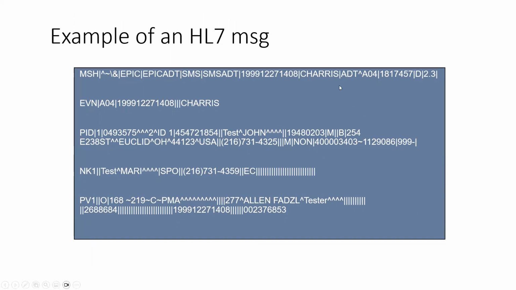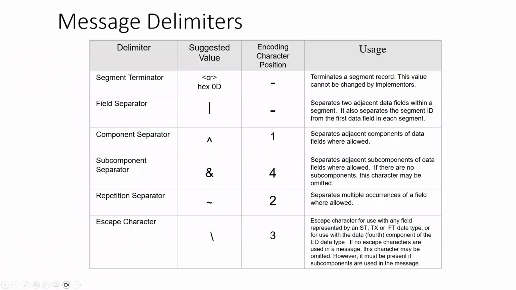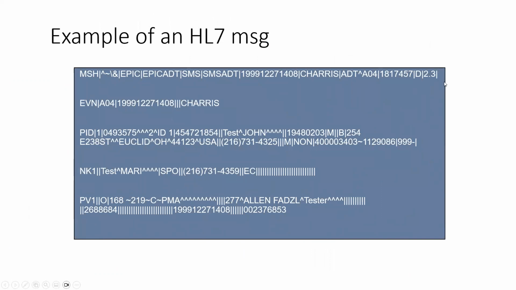In this example, we are not seeing that because carriage return is a non-visible symbol. I will show that in Notepad++ once we paste and take a look at the example. But there is an end carriage return for every segment that we are going to read.